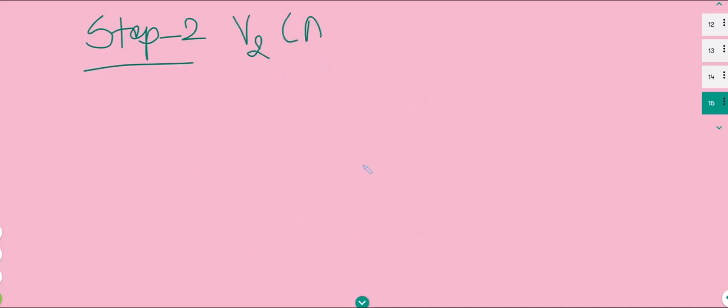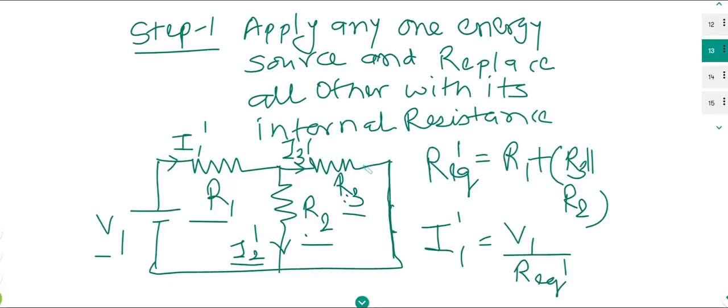Now case 2, or step 2 you can say. Here we are applying another energy source. So apply V2, and replace all other energy sources with their internal resistance. Now how will the circuit be?